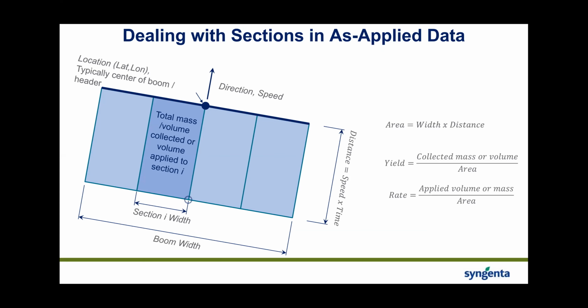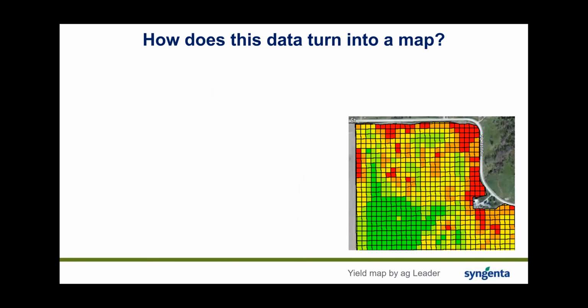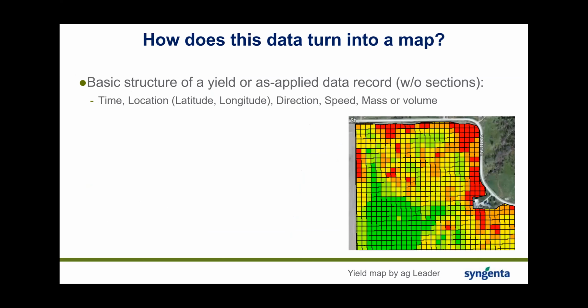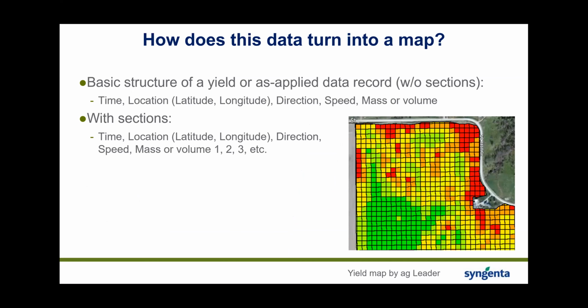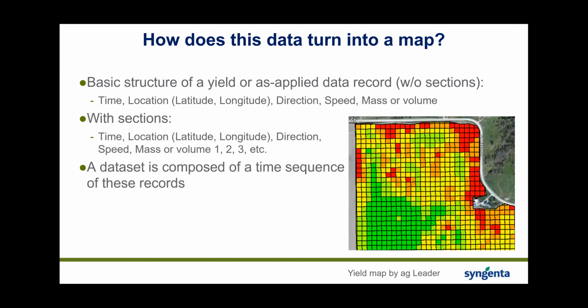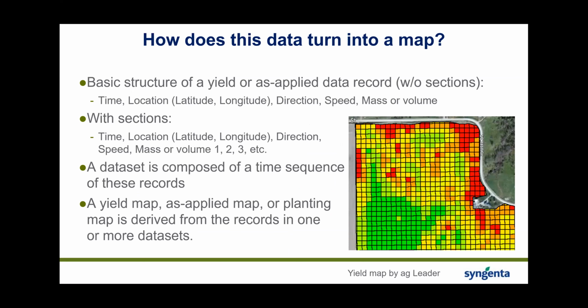So you're performing all these little mass balance calculations, and it eventually can turn into a map with data related to the time, the location of these measurements, the direction the machine was going in, its speed, and the mass or volume that it reported. When you have the boom broken out into sections, this gets a little more granular. A data set of these things is composed of a time sequence of these records, and a yield map, as-applied map, or planting map is derived from the records that come from one or more data sets.